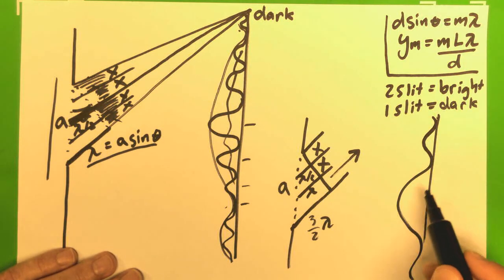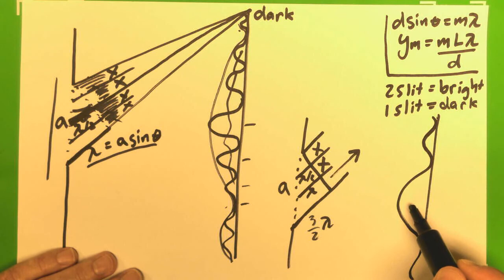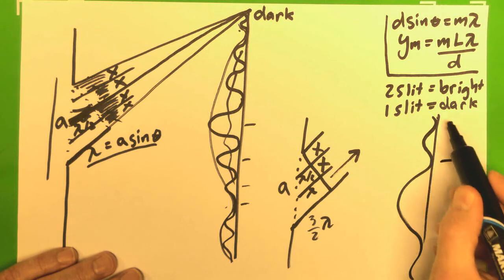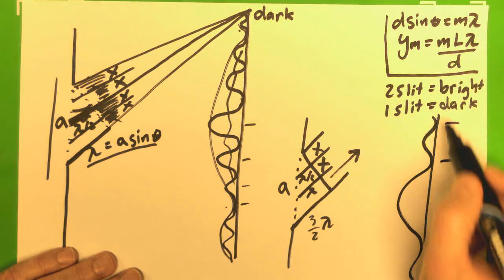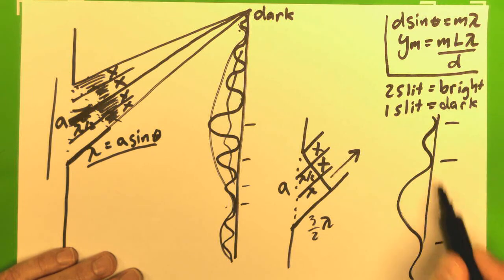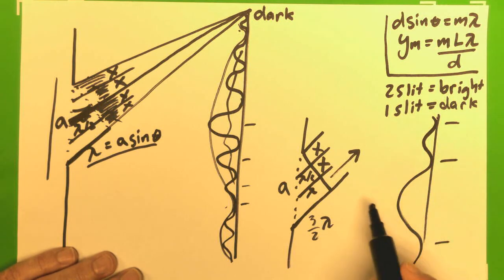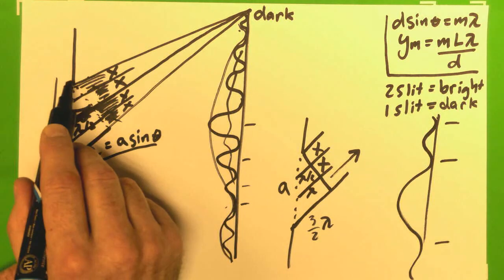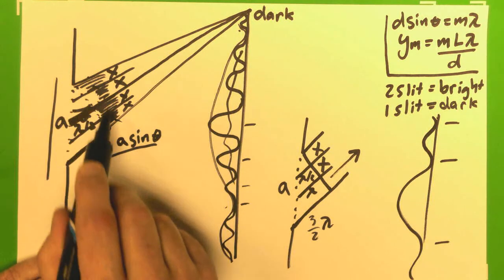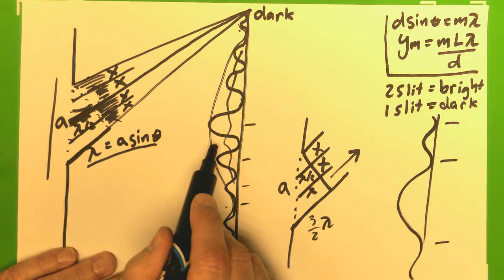I want to point out why the central peak is twice as wide as any side peak. All the side peaks are the same width, but the central one is twice as wide. And the reason is, when we have m equals 0 here, that is symmetric, which means all the light interferes constructively.